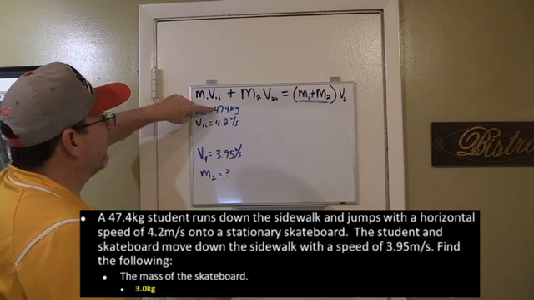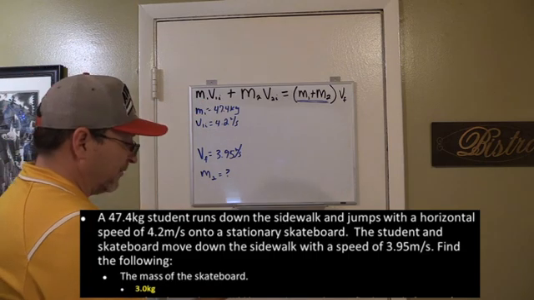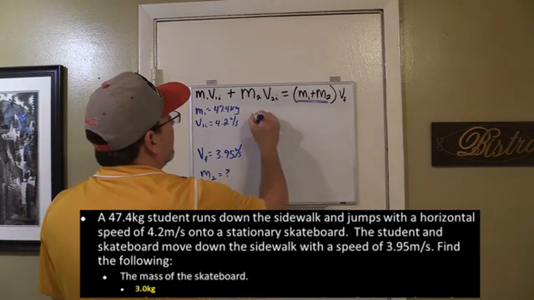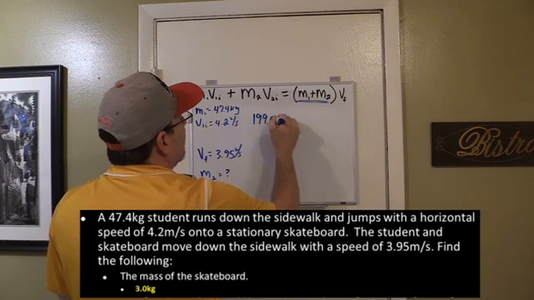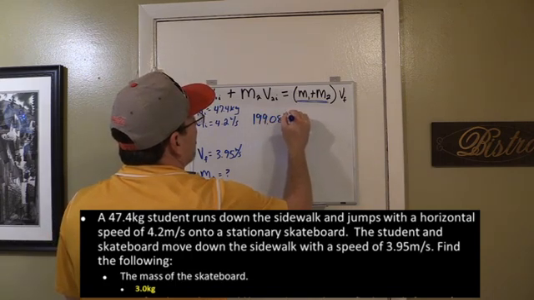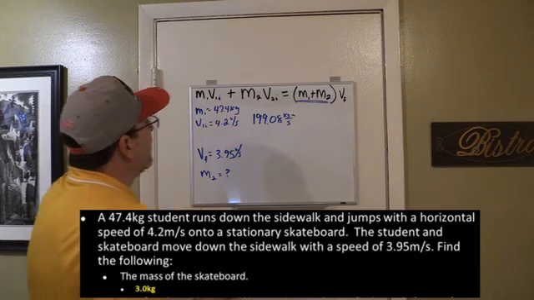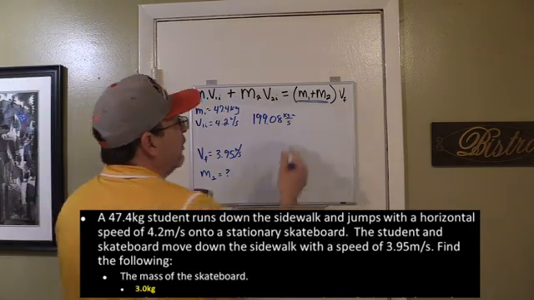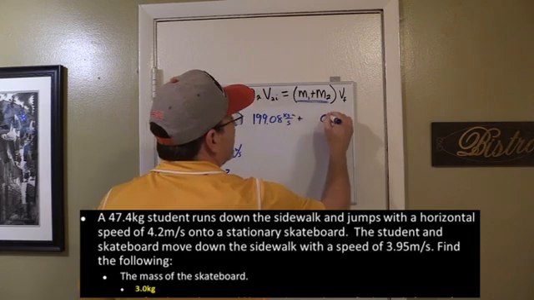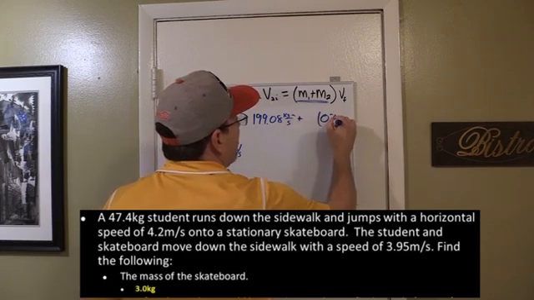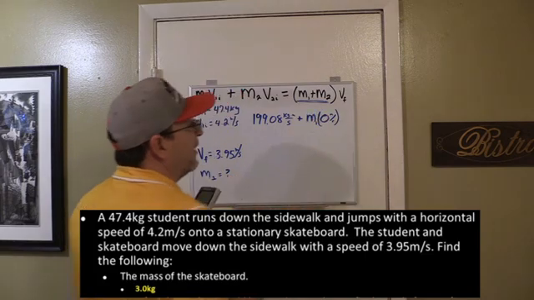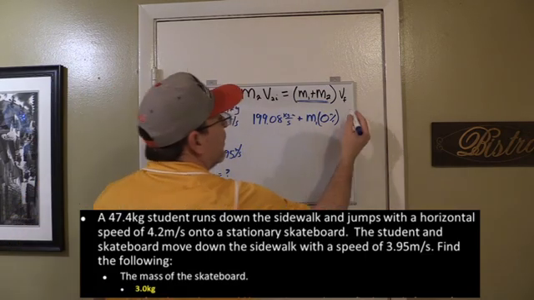For this piece, 47.4 times 4.2, I get 199.08 kilogram meters per second. So that's this term. For this term, the only thing I know so far is that the skateboard was stationary, meters per second. I'm looking for mass 2.